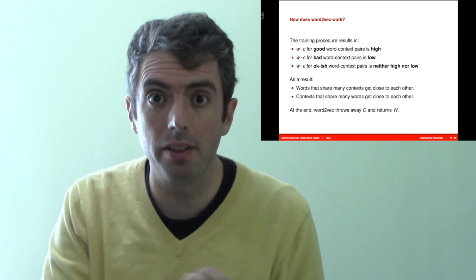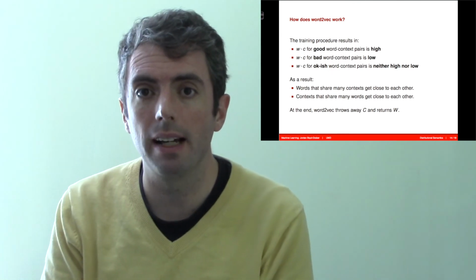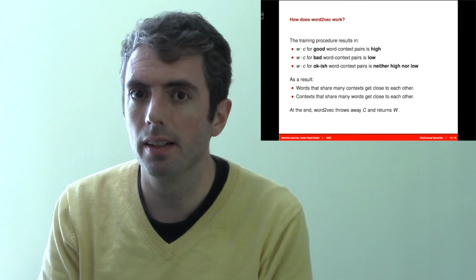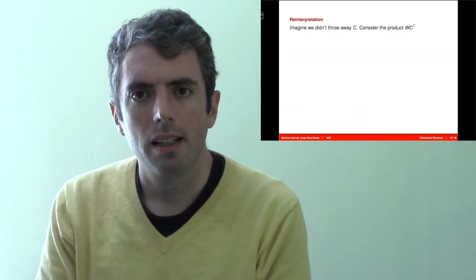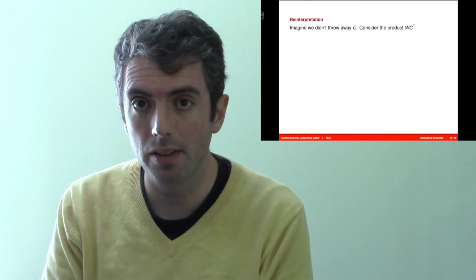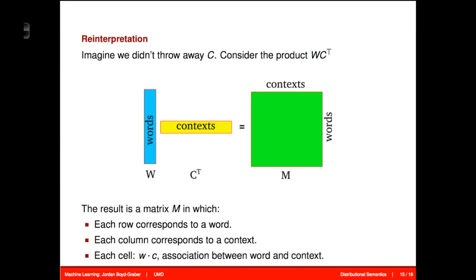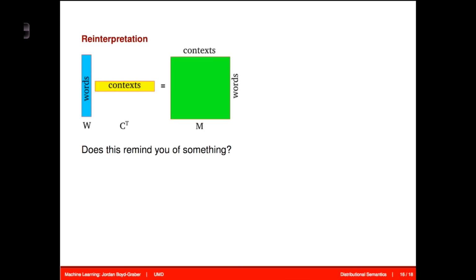But to help us understand what's going on inside Word2Vec, let's reconsider what happens with the W vector and the context vector. So consider the product of the W matrix times the context matrix. When you take this product, this corresponds to a matrix where each row corresponds to a word, each column corresponds to a context, and then each cell has the association between a word and context. So at this point, this should remind you of something.